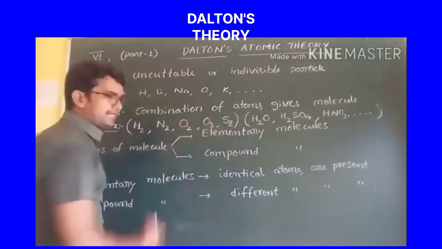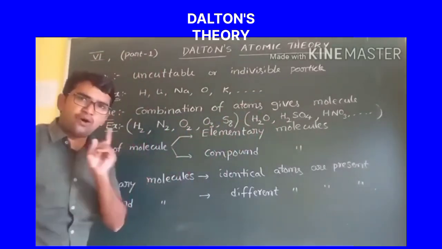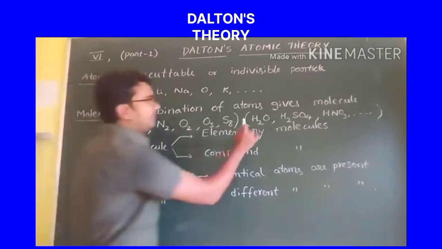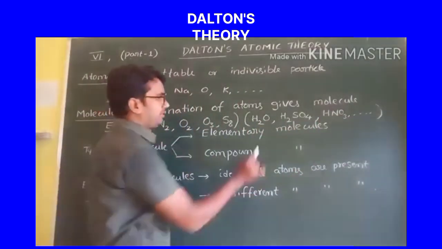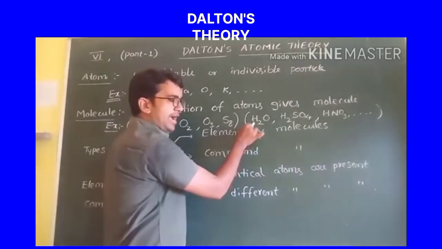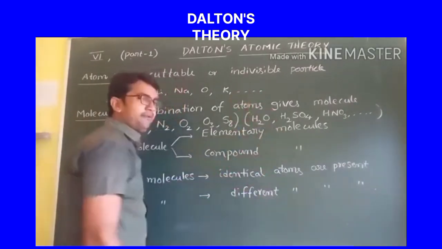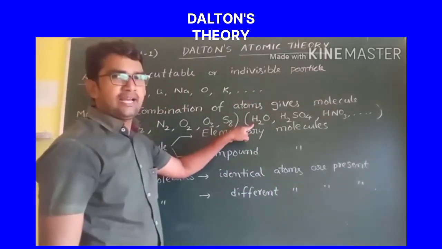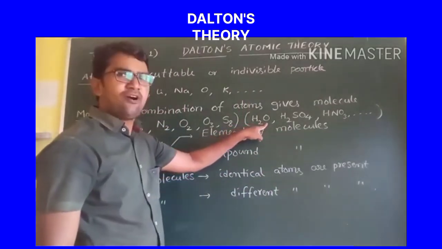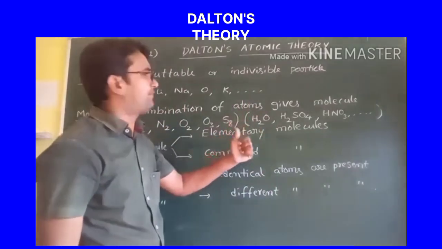These molecules contain only one type of atom, but these molecules contain different types of atoms. Two hydrogens and one oxygen are present in the H2O molecule. So one is hydrogen category, another one is oxygen. So two different types of atoms.